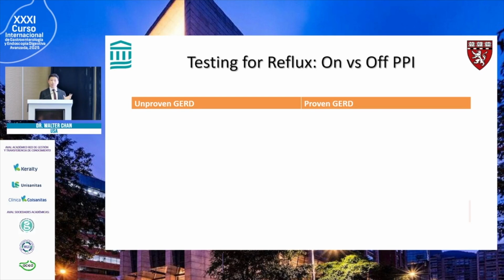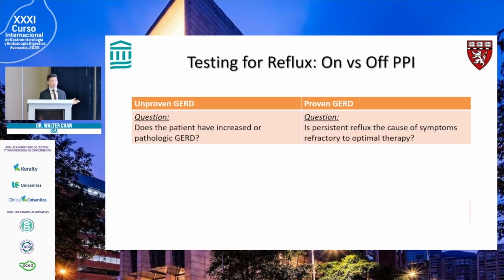Basically, patients with unproven GERD, you don't know if they have abnormal reflux yet. The question you have is, does the person have increased GERD or pathologic GERD? For patients with proven GERD, meaning that you already know they have reflux and they're not responding to medical treatment, the question becomes, is there persistent reflux due to refractory to optimal therapy?